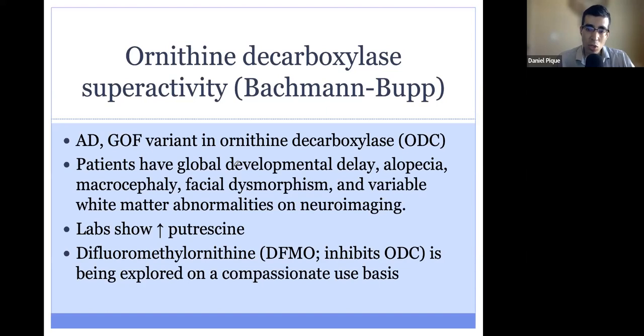The labs will show elevated levels of putrescine, and the molecule difluoromethyl-ornithine, or DFMO, inhibits ODC and is in fact very similar to ornithine itself, and it's being explored as a potential treatment on a compassionate use basis for this condition.